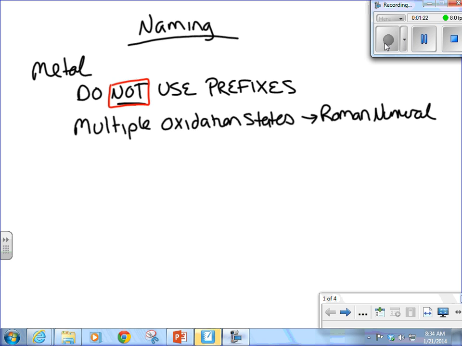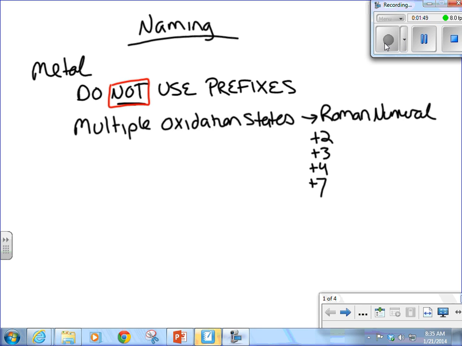If you take out your reference table and you take a look at manganese, manganese is number 25. Manganese has 4 options. Manganese can go to +2, +3, +4, and +7. When you're naming something, you've got to tell me which one it's using.